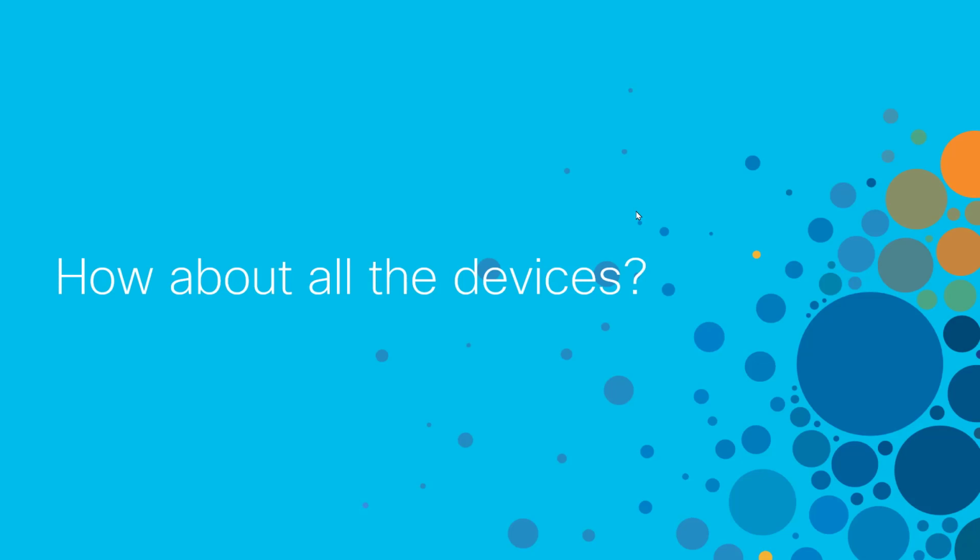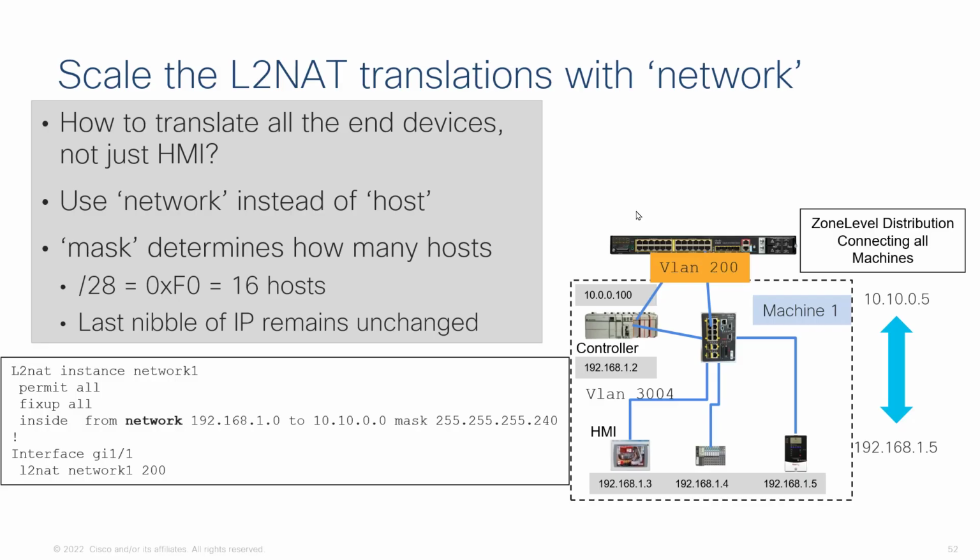So what about if you want to do something for multiple devices and you don't want to use lots of host rules? So one of the things that we have is something we call a network rule. So you can do this instead of just translating end devices with the host rule. And what you end up doing is something very similar to when you build any kind of ACL or anything like that.